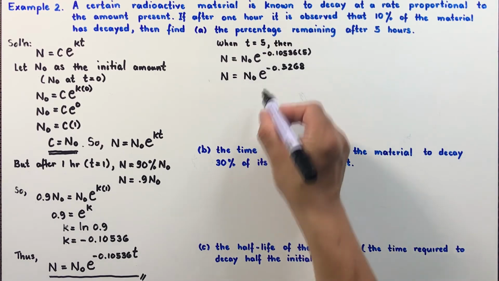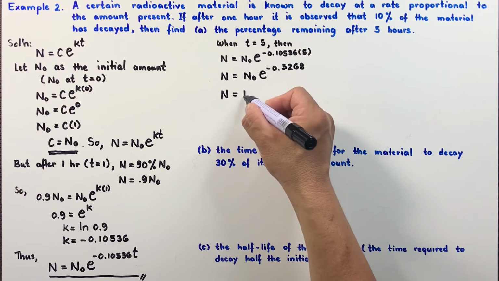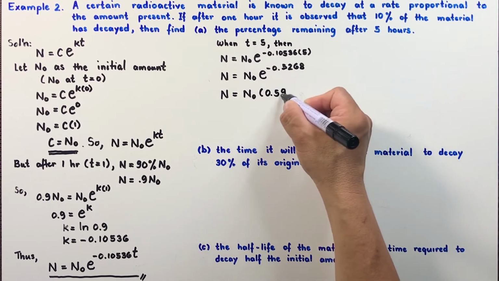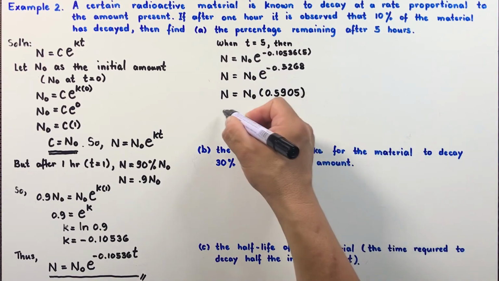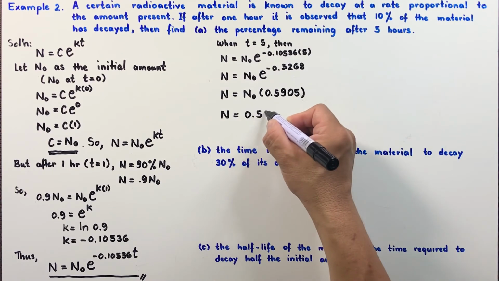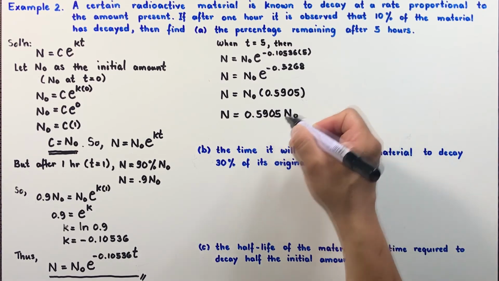And solving for e to this power, we have N₀ times 0.5905. So our N is equal to 0.5905 of N₀.